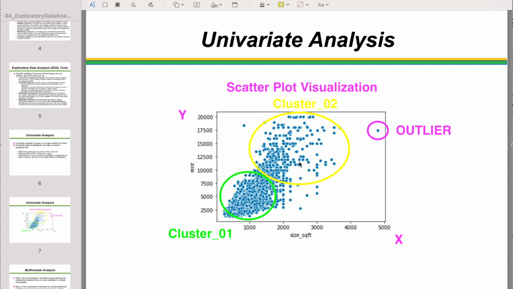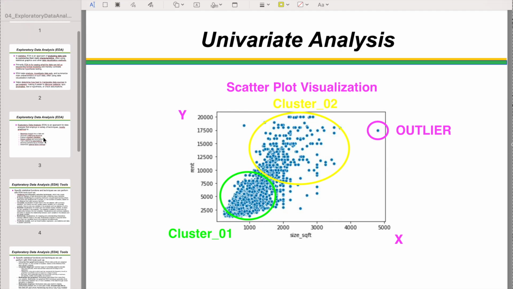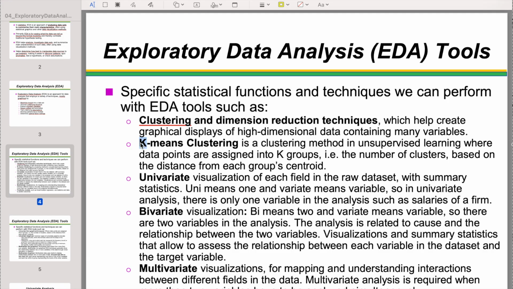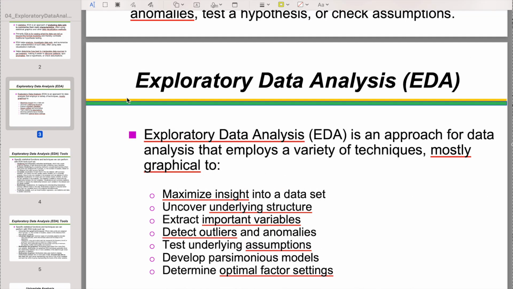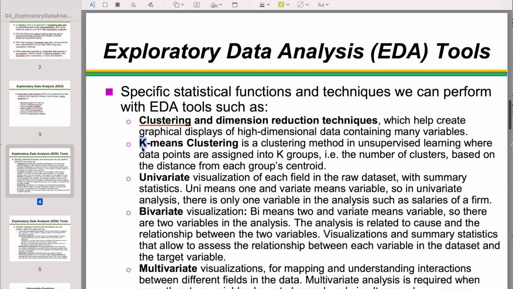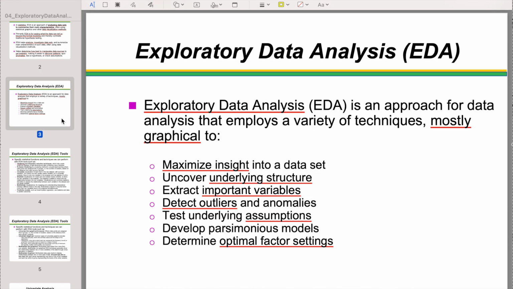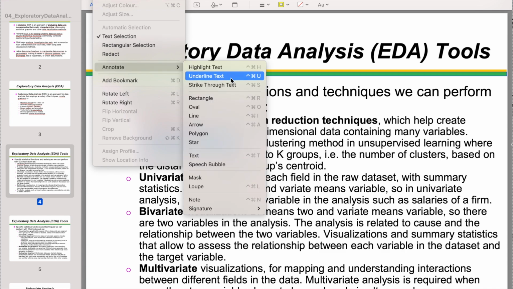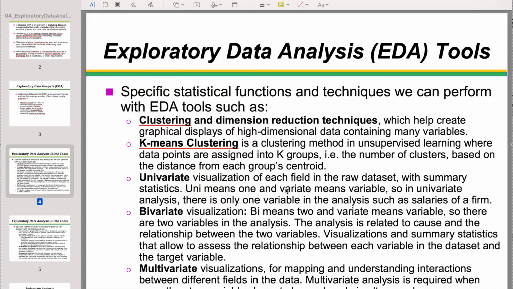Now, there are certain clustering methods that we have to tell how many clusters we want it to find before it starts, such as k-means clustering, which is over here. This is a method where, before we start, we have to tell it how many clusters we want it to find.